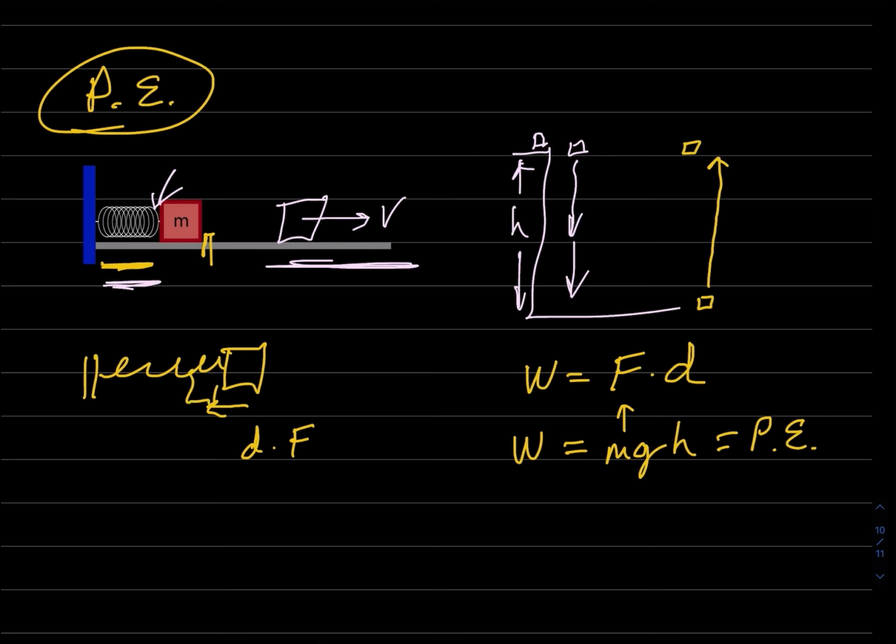As you press the mass in farther and farther, the restoring force of the spring gets larger and larger, and the work to compress it another centimeter gets more and more. Whereas in the gravitational field, every foot you raise it costs you the same amount of work and gains you the same amount of potential energy.